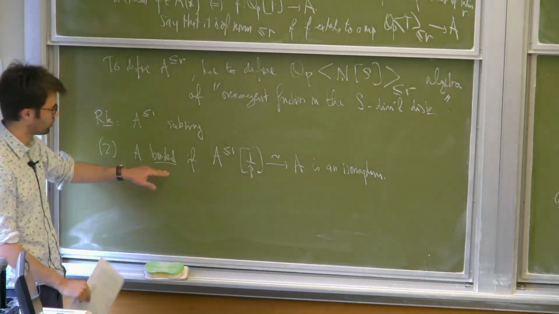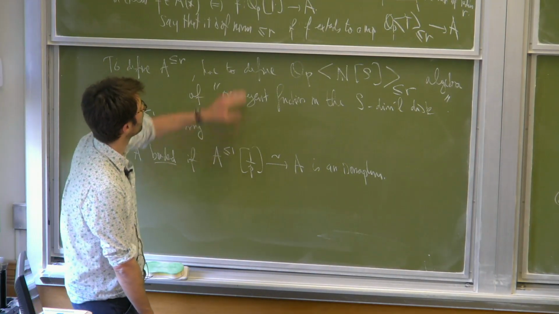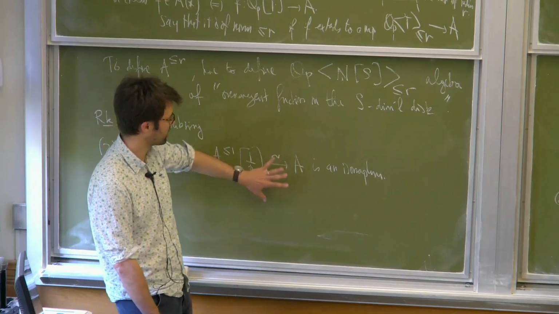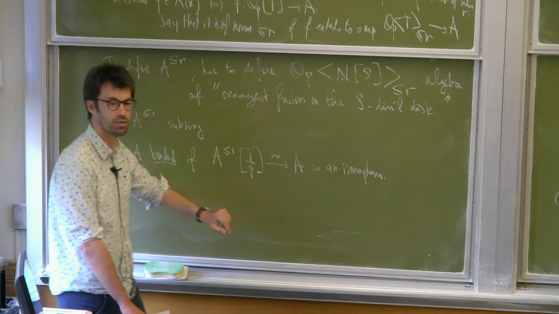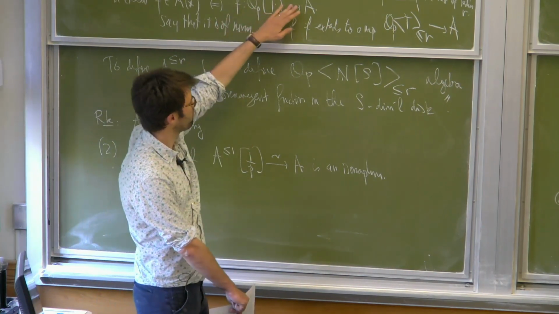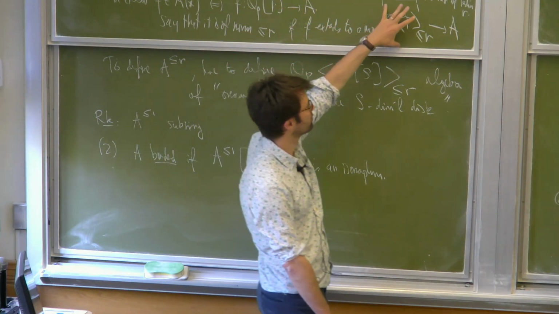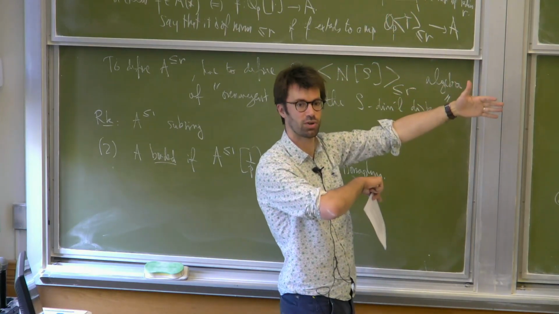The terminology is justified by the intuition that any element of A is bounded. Any function on unspec A is bounded, because you are asking that such a map will extend to the overconvergent Tate algebra of some radius smaller than infinity.